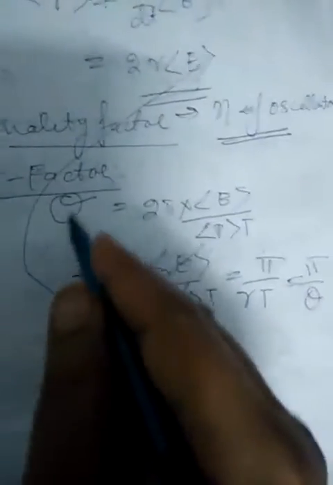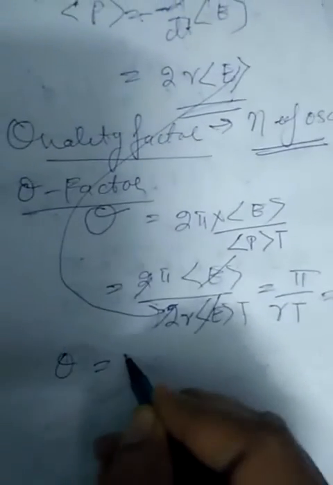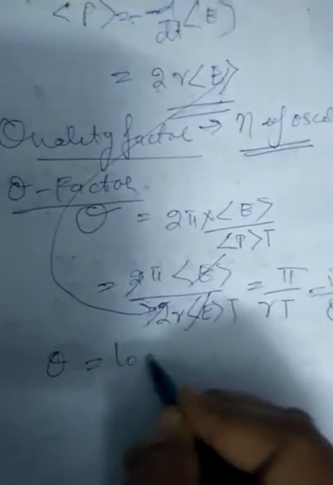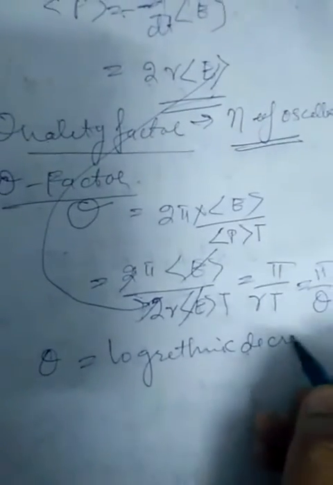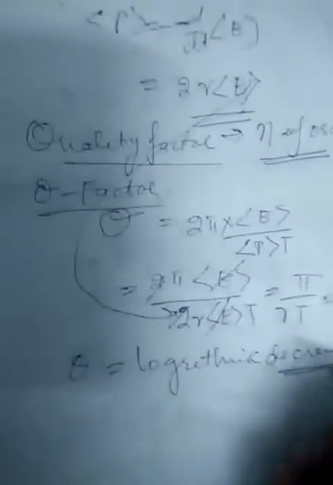Or pi upon gamma, which is gamma times T, is called theta. This is Q, this is theta. So this theta is the logarithmic decrement.